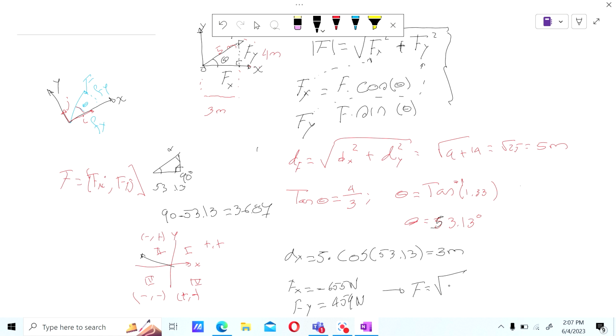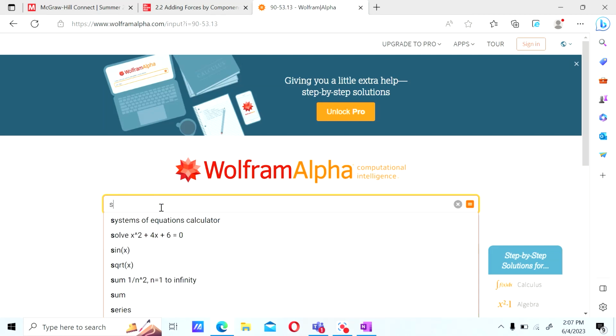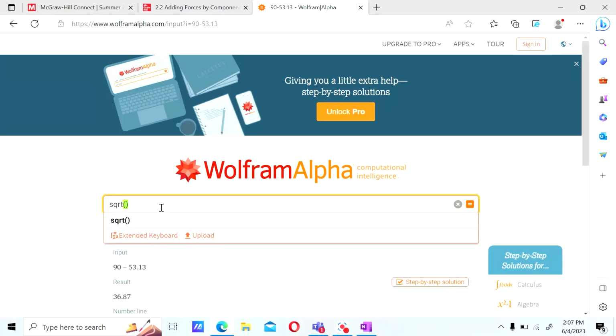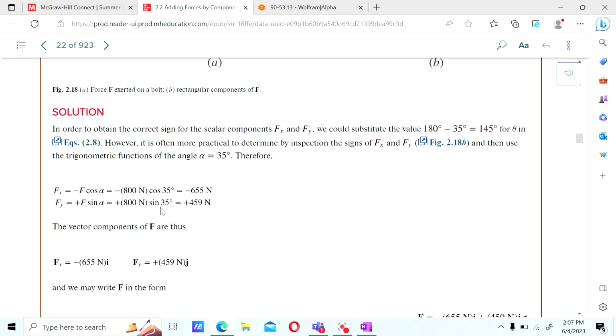It's going to be the square root of Fx, negative 655 squared, which will make it positive, plus 459 squared. So that is the same thing as saying the square root of this thing squared plus this thing squared, and these values are negative 655 and 459, correct?